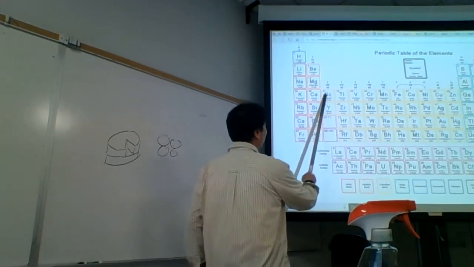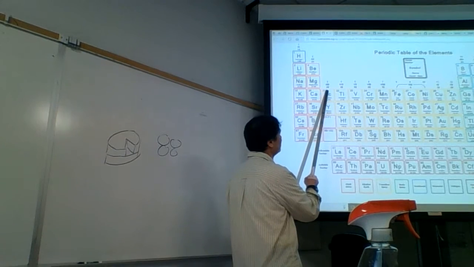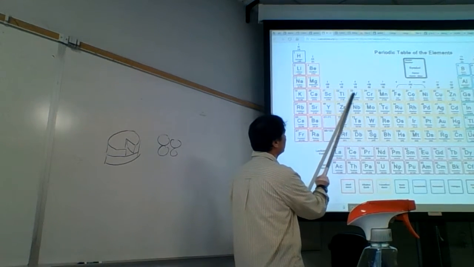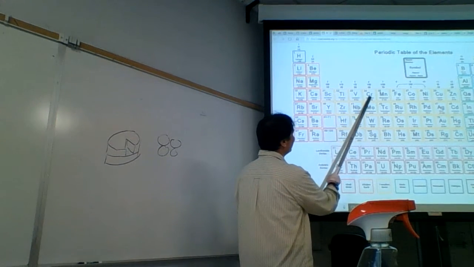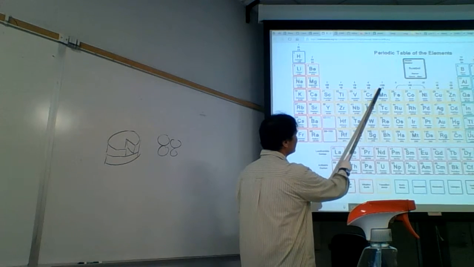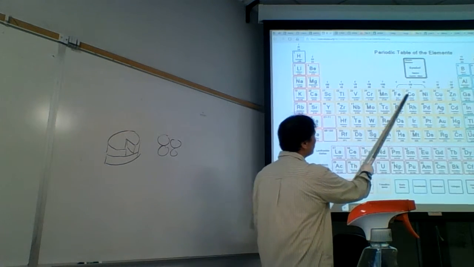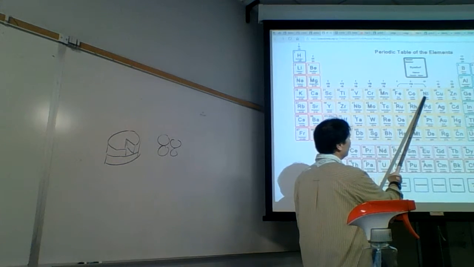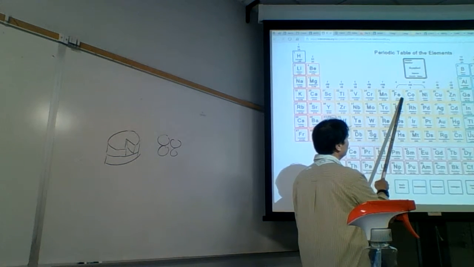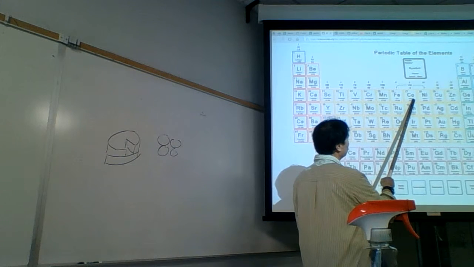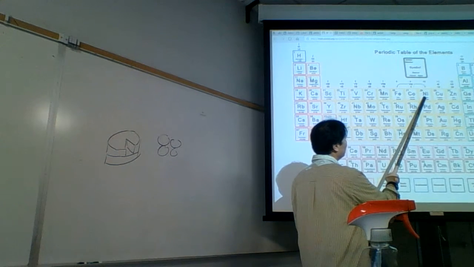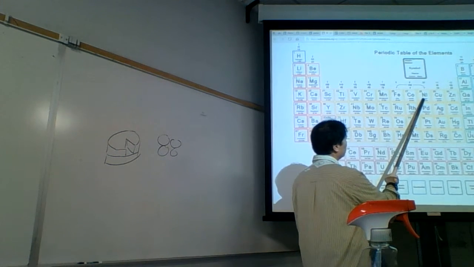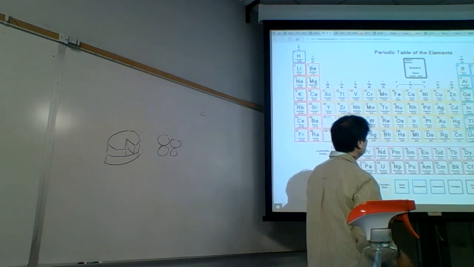So scandium's in group 3D, max ox is 3. Titanium's 4, vanadium's 5, chromium's 6, manganese is 7. Iron, cobalt, nickel, 8 would be the max, but this is rare. 2, 3 for iron. Cobalt would be 2 and 3, and nickel would be 2 and 3 common for nickel.